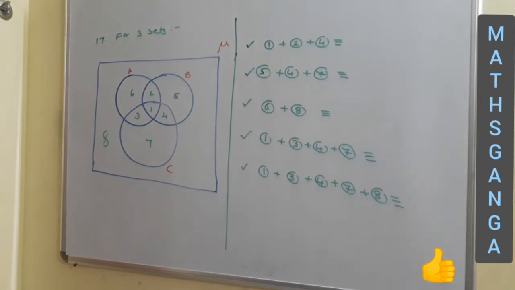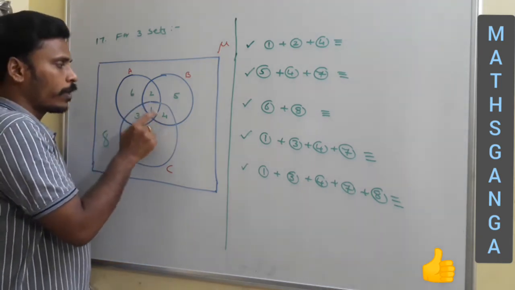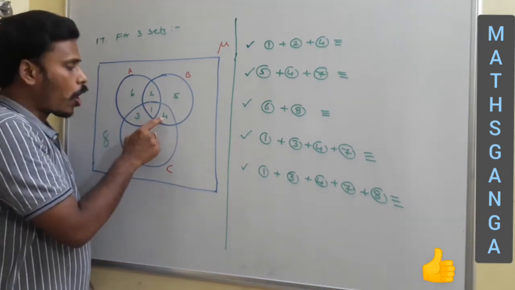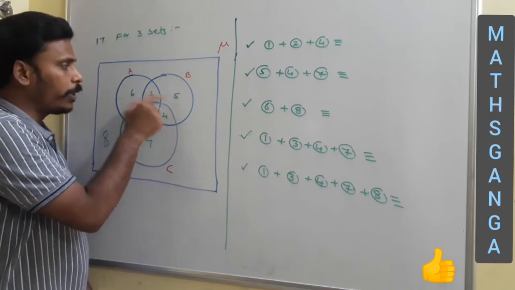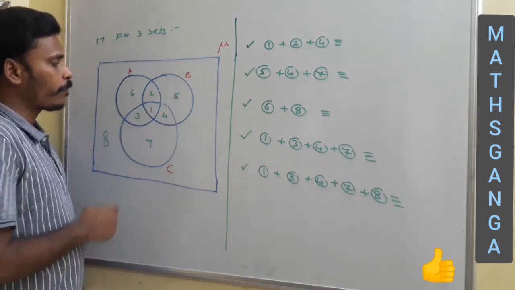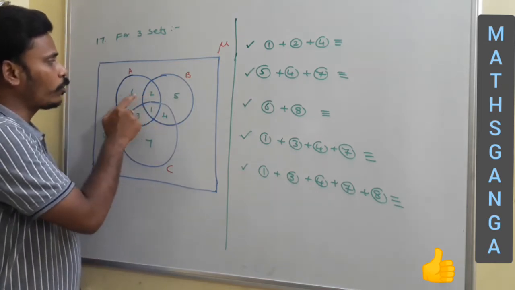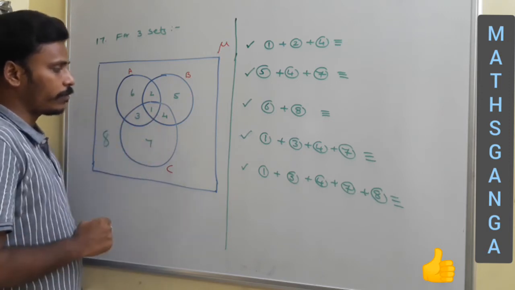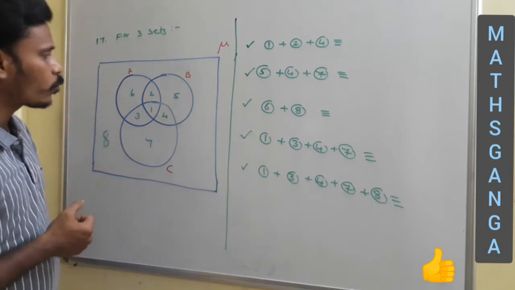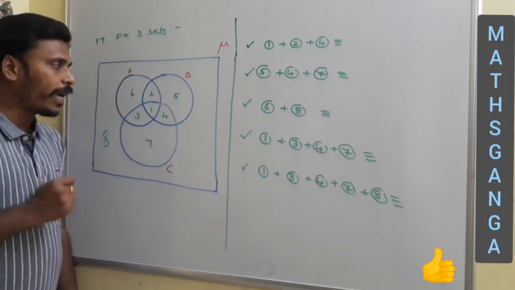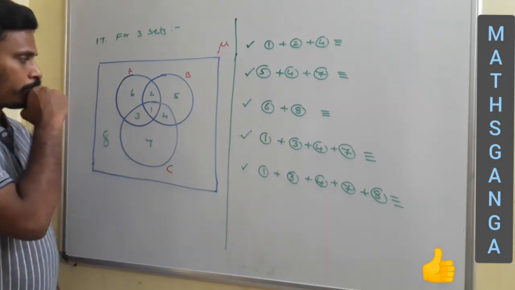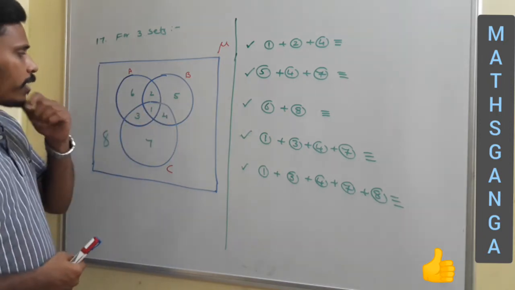Just think about the regions 1, 2, 4. See, these 1, 2, 4 are the regions in B. Is it right? Yeah. And 1 is there in A, 1, 2 is there in A, and 4 is there in C. So how to give a name for this 1, 2, 4? See, how to give its name, just think about it.